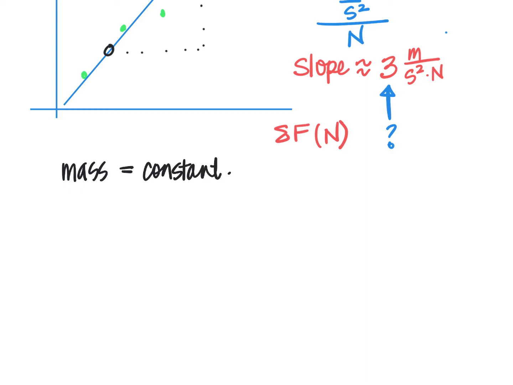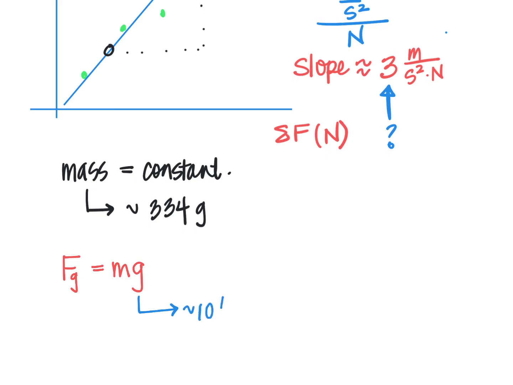Now the mass of the cart is about 334 or so grams. Now let's look at the relationship that we know about the gravitational force. The gravitational force we determined was the mass of the object times the gravitational constant. And I was very specific and said that this gravitational constant, which was about 10, was measured in newtons per kilogram.